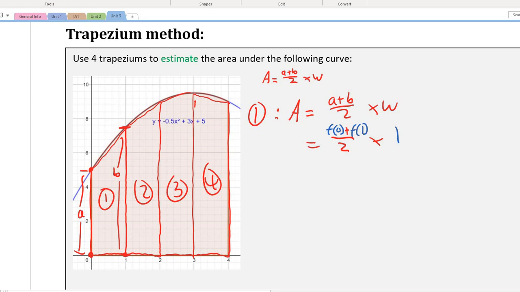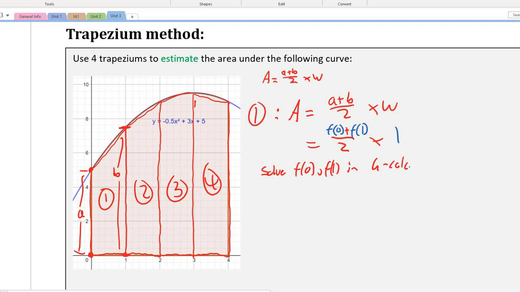Now, I really don't want to be just subbing in and out numbers into that rule there, negative 0.5x squared plus 3x plus 5. Luckily, we live in a time where we can solve f0, f1 in a graphics calculator. Okay, so let's do that.